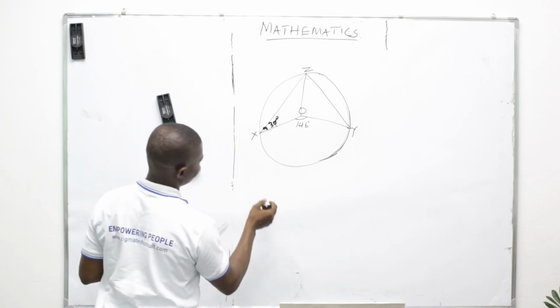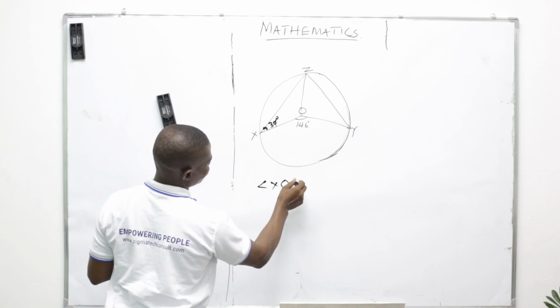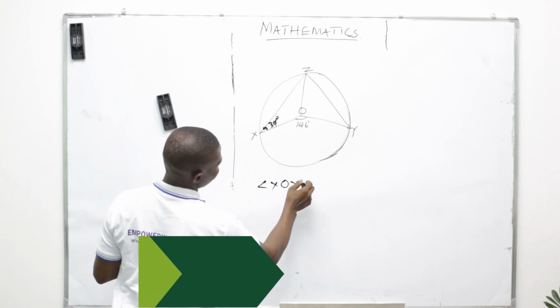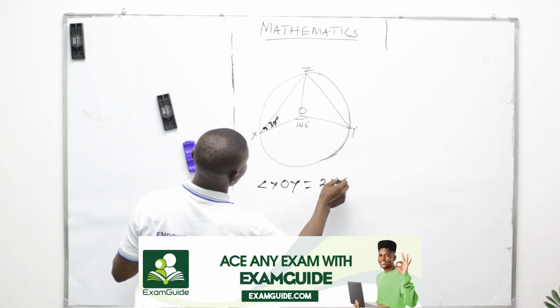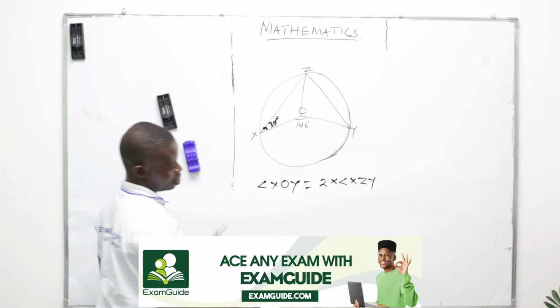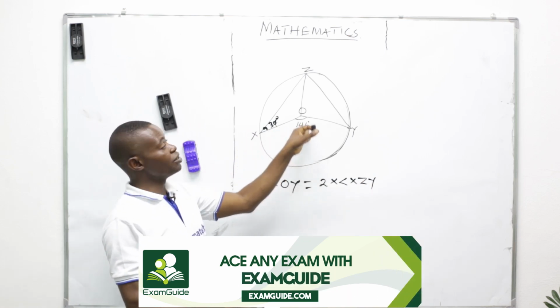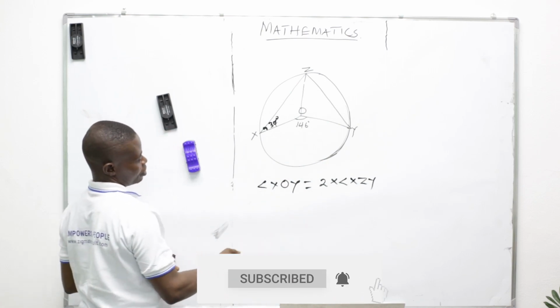Recall that angle XOY equals 2 times angle XZY. The angle at the center is twice the angle at the circumference.